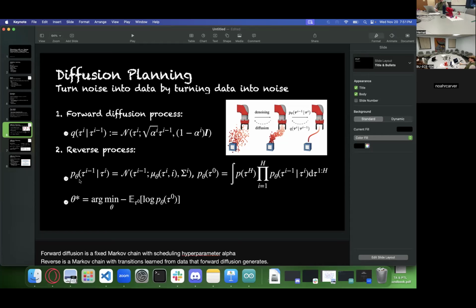I have a question. Yes. So for the forward diffusion process, you just have alpha, and do you vary it or do you decide it? Oh, so alpha is predefined. It's the scheduling parameter. So it just varies from 1 to 0. It can be linear from 1 to 0.